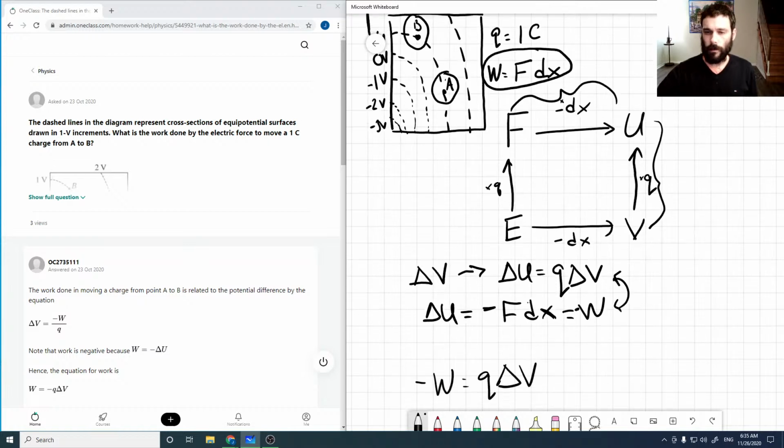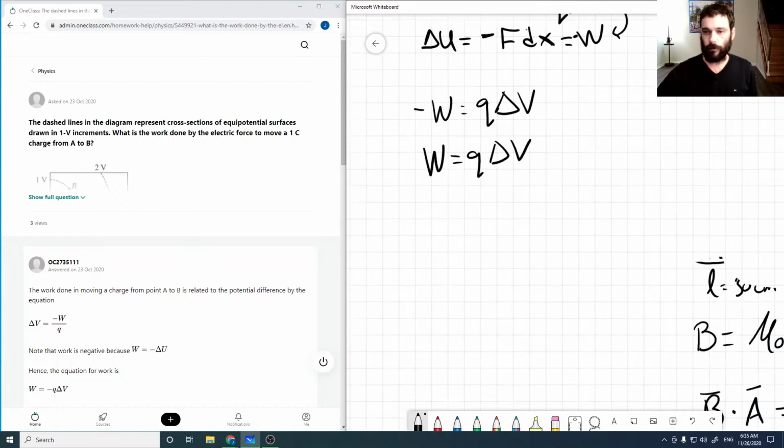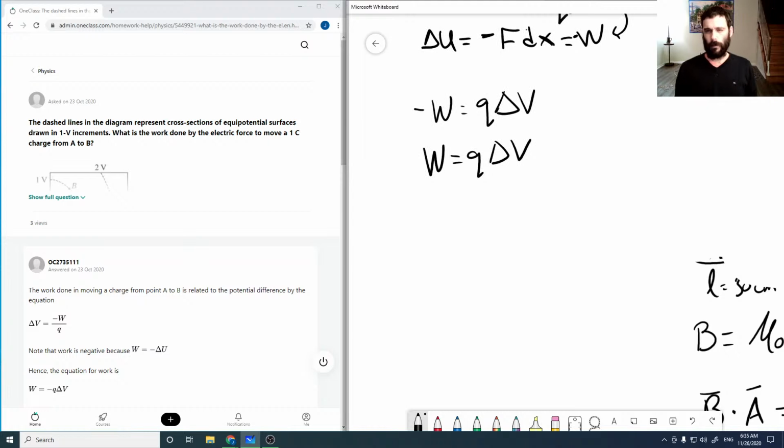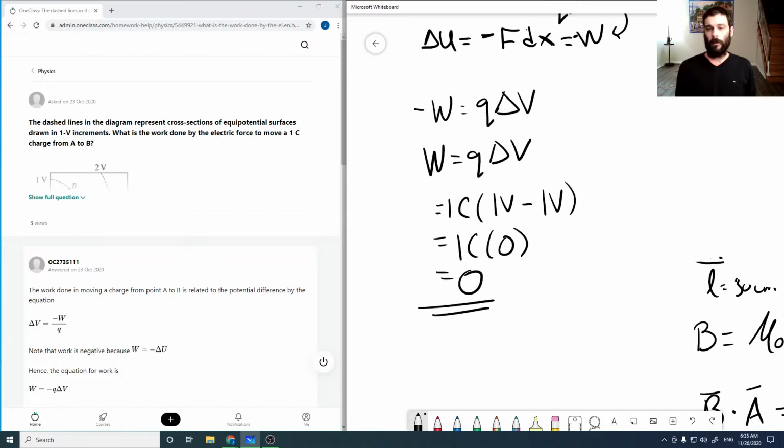So that means Q delta V is just 1 coulomb times 1 volt minus 1 volt. Now that's just 1 coulomb times 0, which is 0. So our work, which many of you might have heard, but we've expressly shown it. So our work in moving along an equipotential surface is 0.